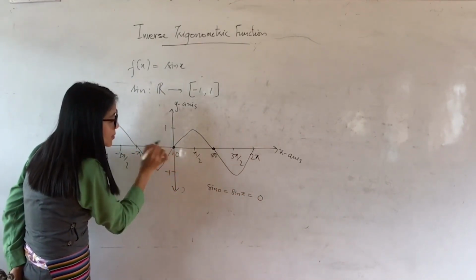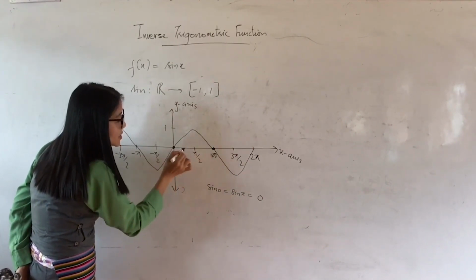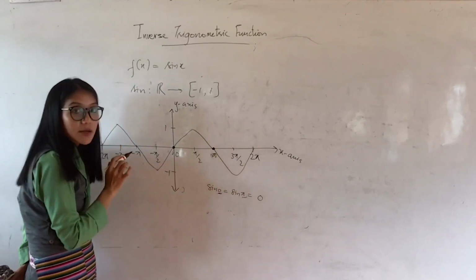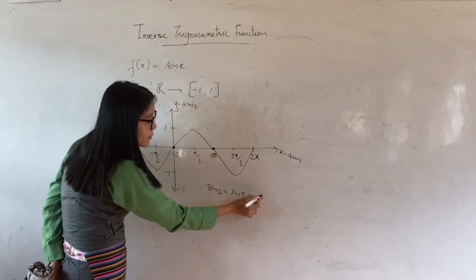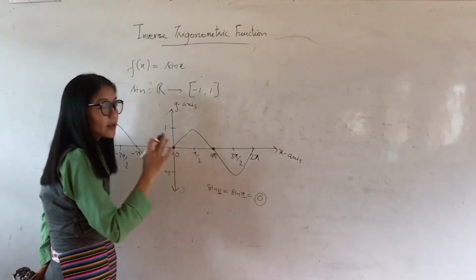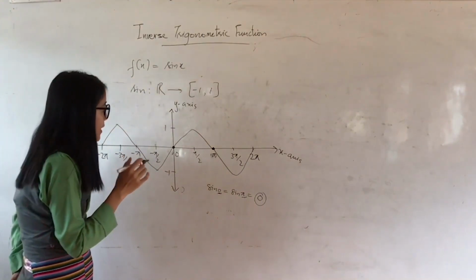Sine of 0, its image is 0. Also when you take pi, sine of pi is again 0. So these two, 0 and pi, are distinct elements, right? But they have the same image. So this is one example which shows that the function is not 1-1, okay?